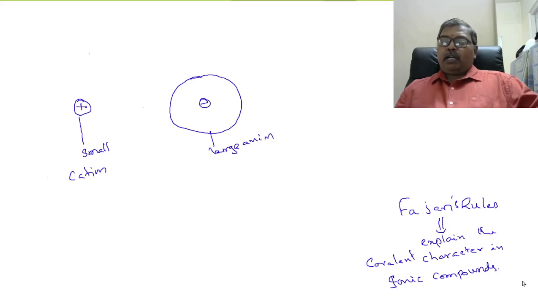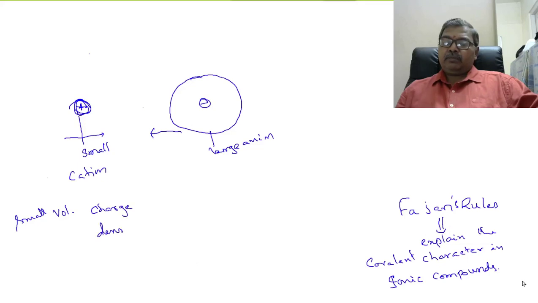When a small cation and a large anion approach each other, the positively charged ion has a small volume, therefore its charge density is very high. Clear?